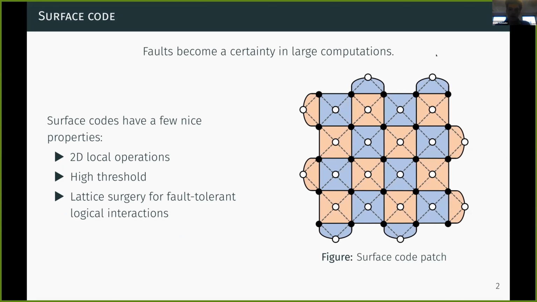Surface codes have a few very nice properties: they consist of 2D local operations, they have a high error threshold, and we can perform lattice surgery for fault-tolerant logical interactions. On the right, we see one surface code patch, which encodes a logical qubit.